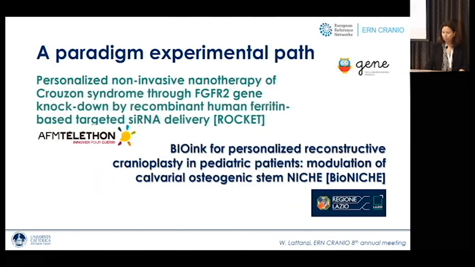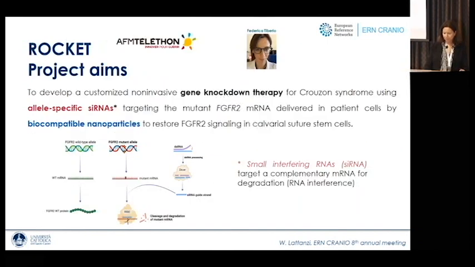I will briefly introduce the experience of our recent research in two different projects that overlap a little bit. Basically, in this project, funded through the AFM Telethon Foundation, we developed a customized therapy based on targeting the mutated allele in Crouzon syndrome, the mutated FGFR2 allele, through small interfering RNAs.